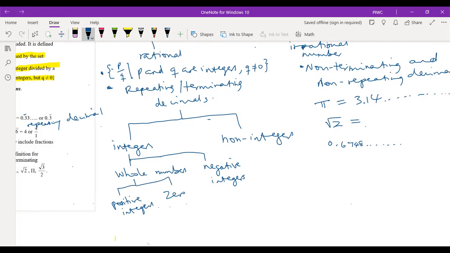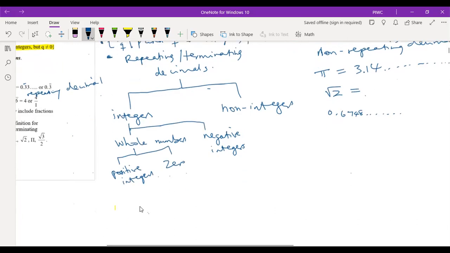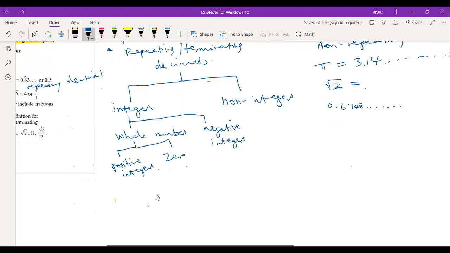And then the positive integers, we can refer to them as the counting numbers, or the natural numbers.